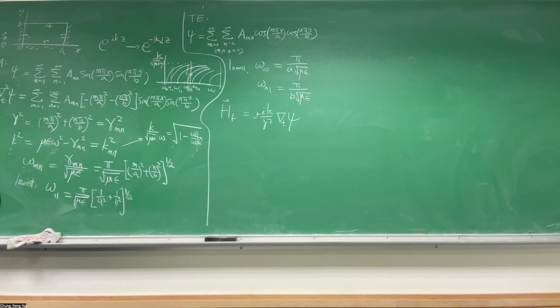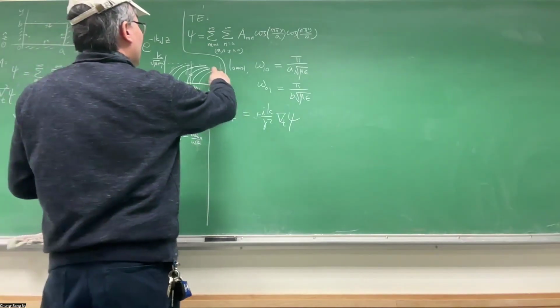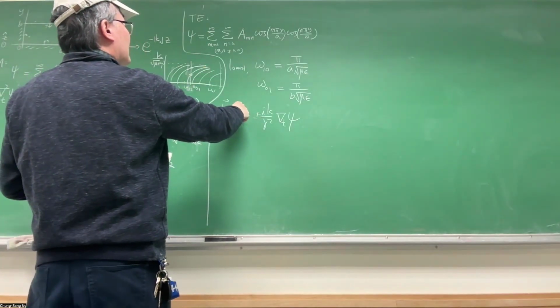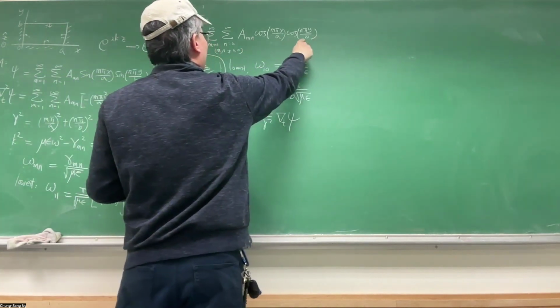Okay, what else? I think that's it. Jackson actually wrote down the TE10 mode, assuming a is larger than b, which is the lowest frequency mode, and wrote down the transverse components. In this case, m and n are 1, 0, so you don't have y dependence.